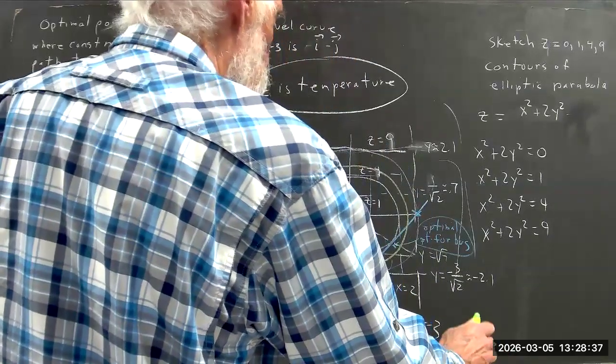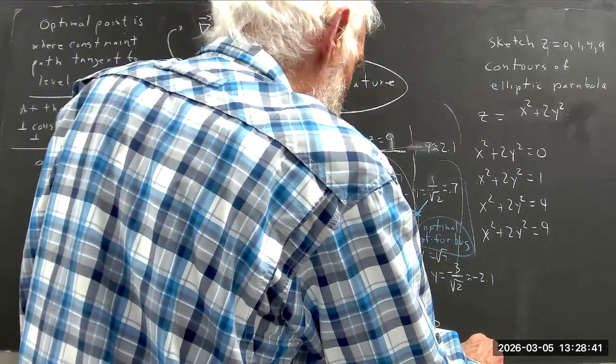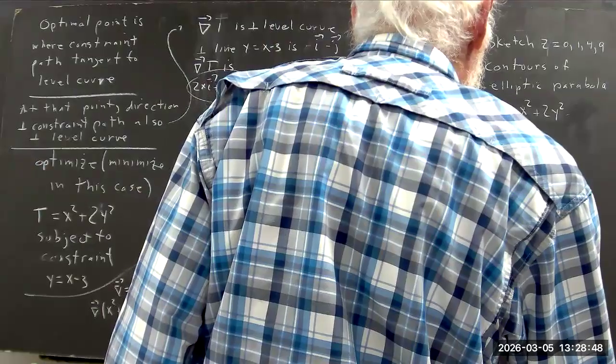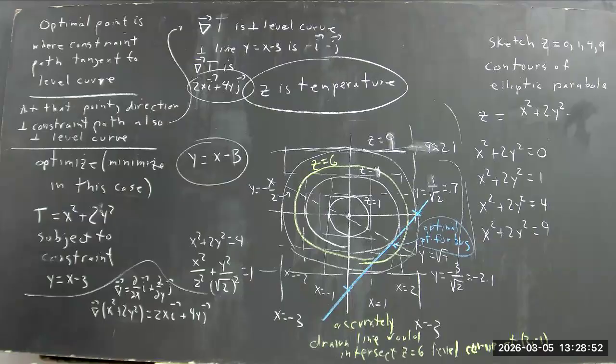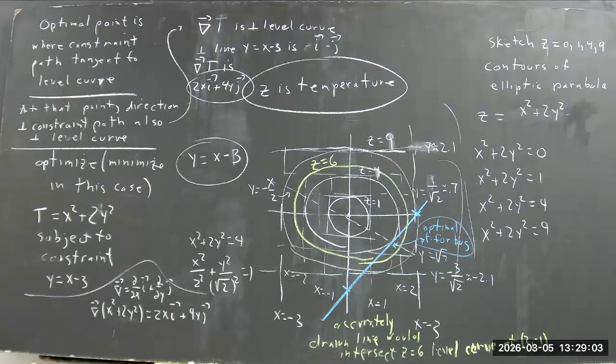the line would intersect the z equals 6 curve at the point 2, -1. Okay. So what part of that makes sense to you and what part of it doesn't? Do you even believe it?